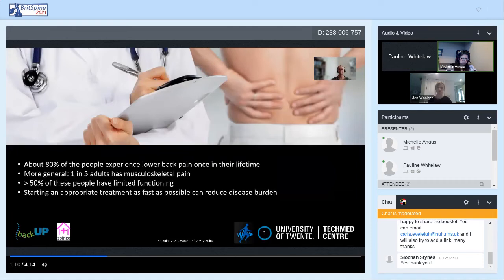The focus of this pilot study was on patients with neck and low back pain. For non-specific neck and low back pain, it is difficult to select an appropriate treatment. In the Netherlands, very complex cases can be directed to multidisciplinary biopsychosocial rehabilitation, or in short, MBR.